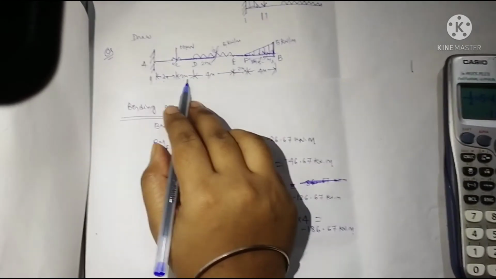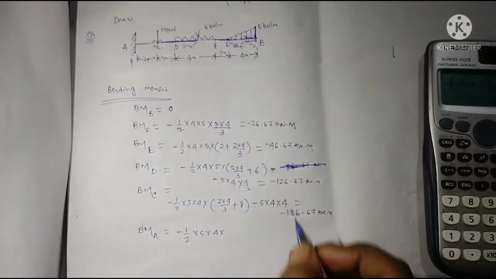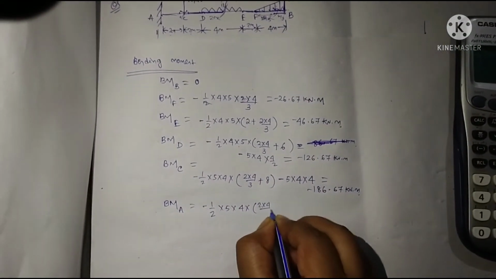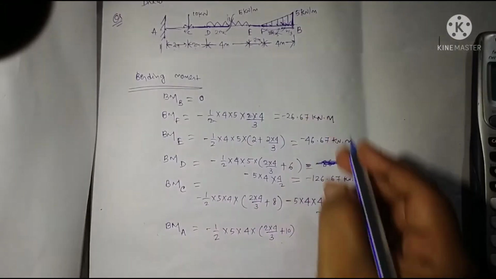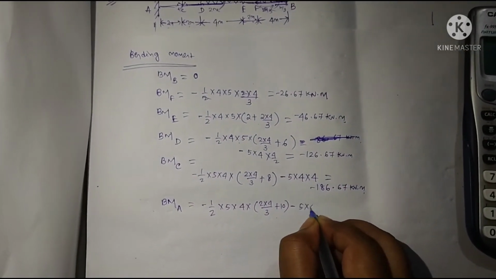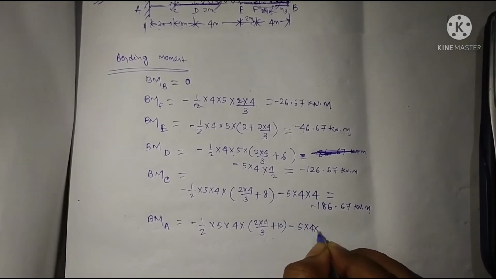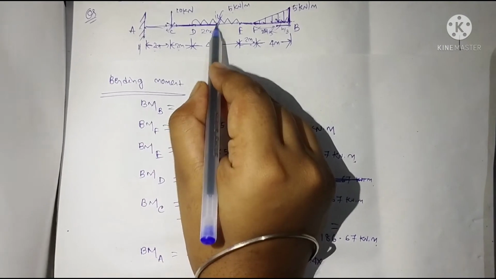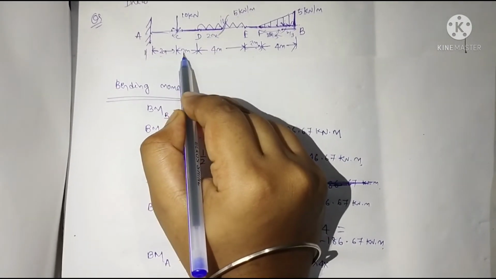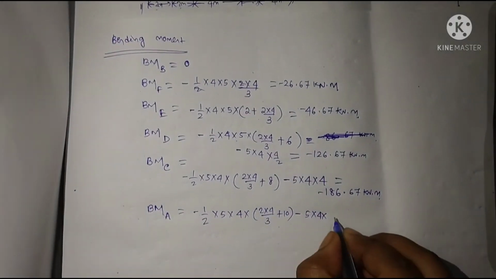That is 4 plus 4, 8 plus 10, that is 2h by 3 plus 10, minus this loading, minus 5 into 4, this is the intensity of loading. Now perpendicular distance will be how much? 2 plus 2 plus this load is acting at CG, that is 2. 2 to 4 to 6.